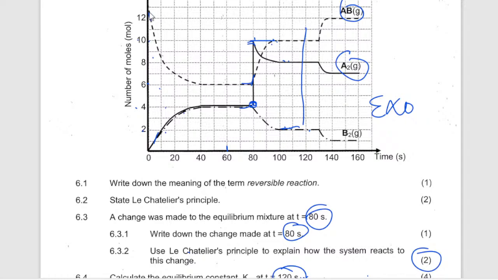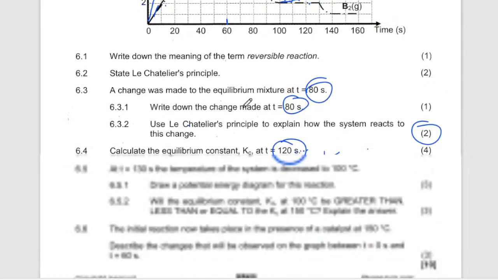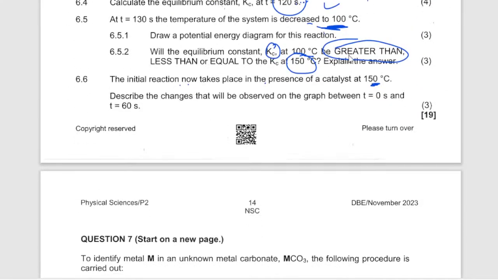So basically it is going to shift to the left, but it finishes very fast. Even here it shifts to the left and then it finishes very fast. So basically that's what you were supposed to draw. Thank you. Question for chemical equilibrium, we have smashed it.